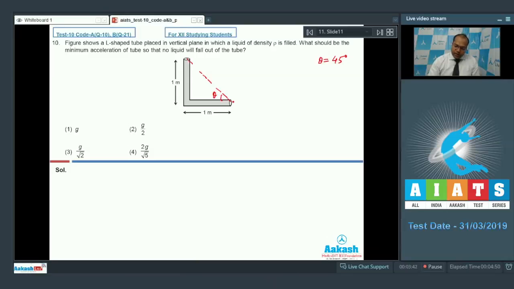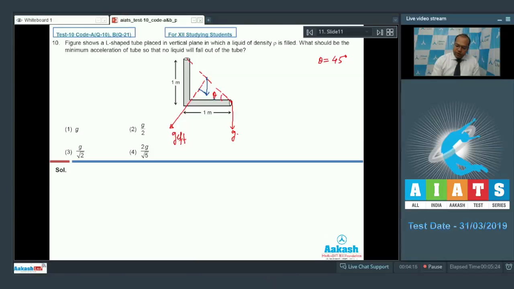Now if I draw the free body diagram, the g is acting in this direction, and we know that if this is the surface of the liquid, then the g effective would be perpendicular to this surface. So the g effective would act in this direction.